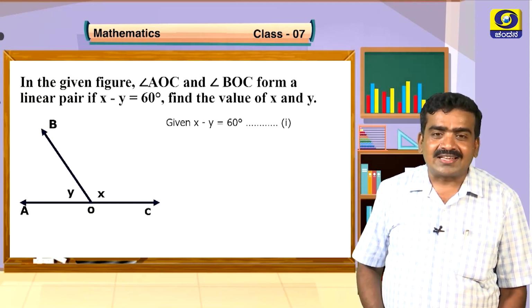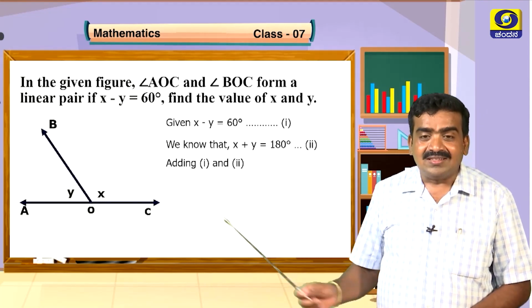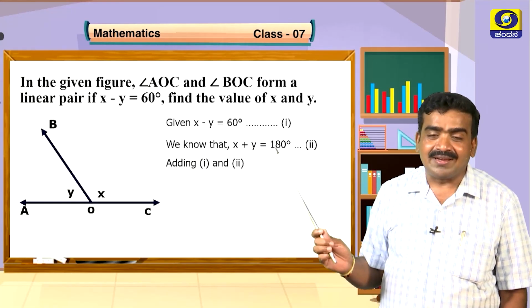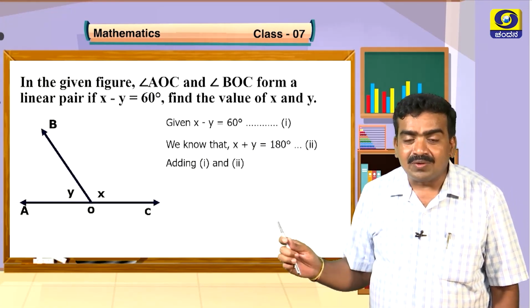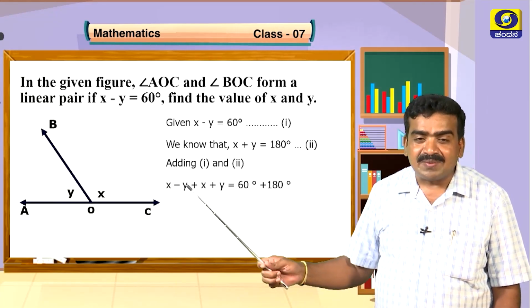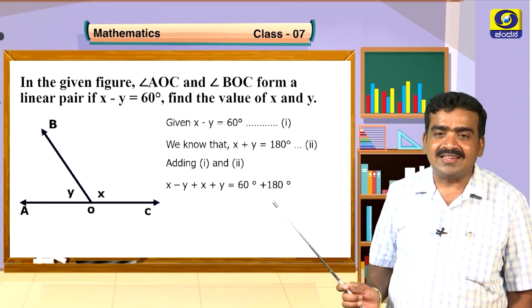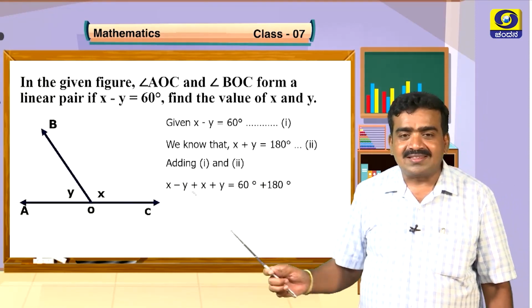The given is x minus y is 60 degrees. As we all know, the sum of these two angles will be 180 degrees because they are a linear pair. Then if we add 1 and 2, what will we get? x minus y plus x plus y is equal to 60 plus 180 degrees. If we add equation 1 and 2, we will get this.